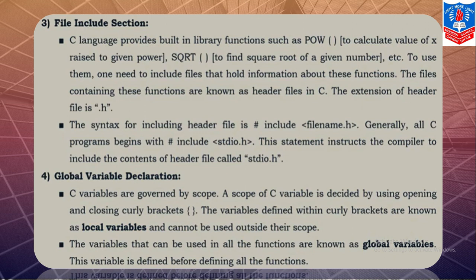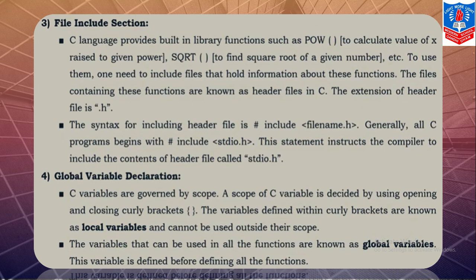The extension of a header file is .h, meaning header file. The syntax for including a header file is hash include filename.h. Generally, all C programs begin with hash include stdio.h, that is, the standard input output header file. This statement instructs the compiler to include the content of the header file called stdio.h.